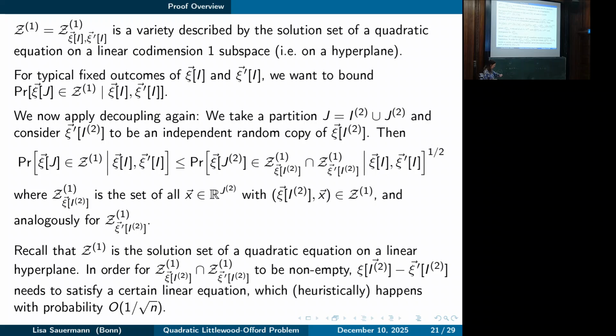In this proof overview, I'm sweeping all non-degeneracy conditions under the rug. So this heuristically just refers to checking the non-degeneracy conditions so that we can then apply the Littlewood-Offord theorem, and so we get that probability for this linear problem in psi I2 and psi prime I2 corresponding to the hyperplanes having a non-empty intersection.